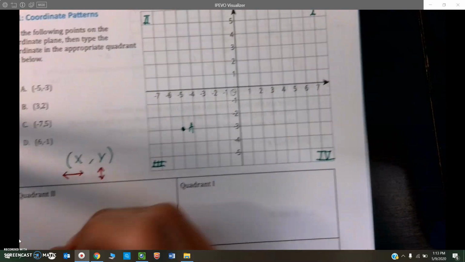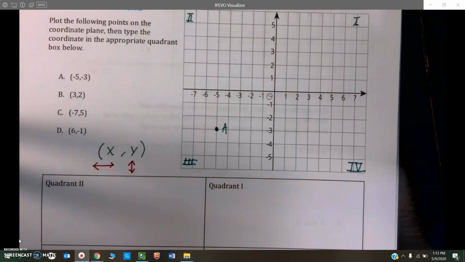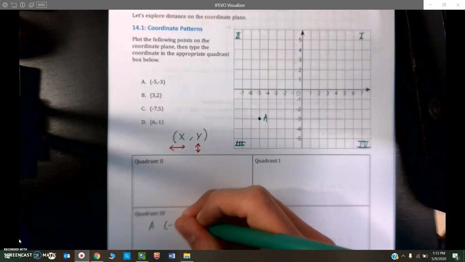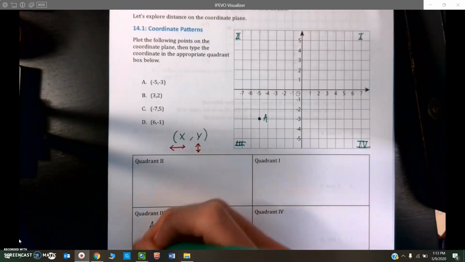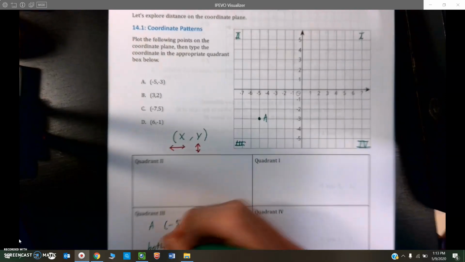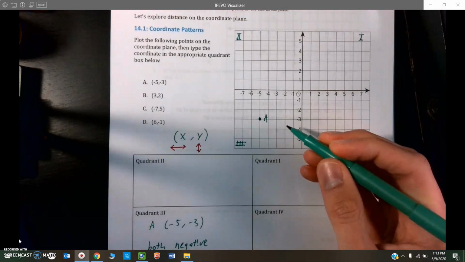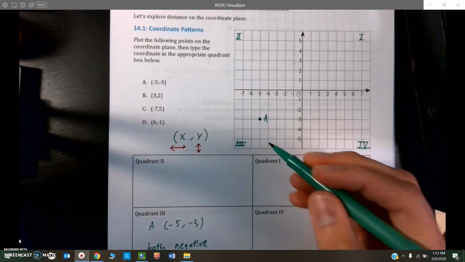So quadrant 3 is point A, which is -5, -3. It's also important to note that those are both negative. If you have two negative values, that's always going to take you to quadrant 3.